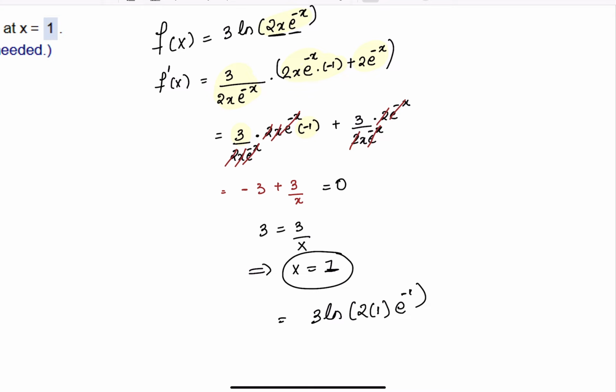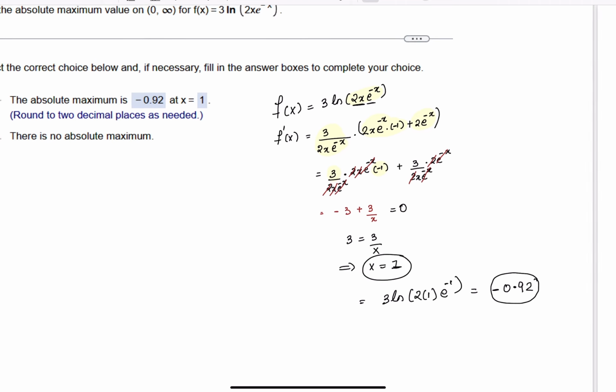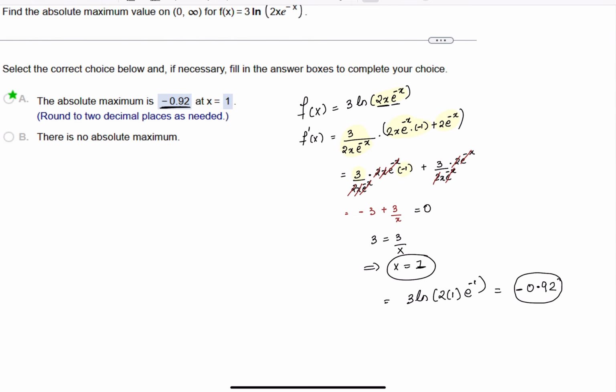When you plug this into your calculator, you will get negative 0.92. And again, you don't have to think if this is maximum or minimum because they specified this is the maximum at 1. So you first find your critical value, then plug that into the function, and boom, you're done.